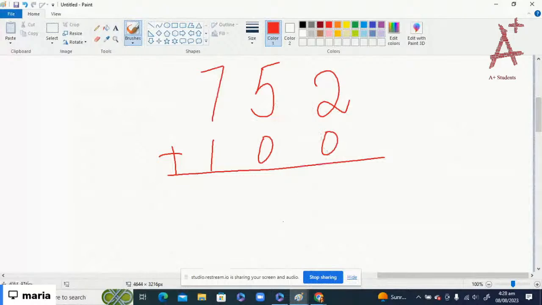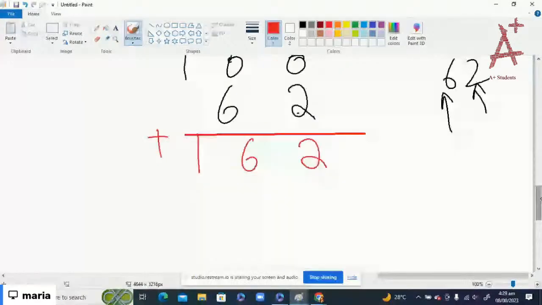When you add 2 with 0, what answer do you get? That is good. 5 plus 0. What's the answer? That is 5. 7 plus 1 is 8. 7 lines, then add 1 more line. This is 852. These are all the three options.